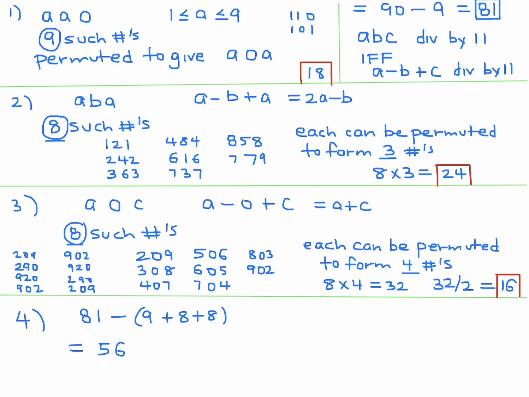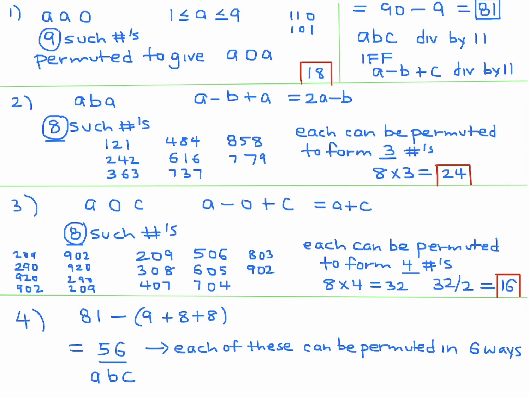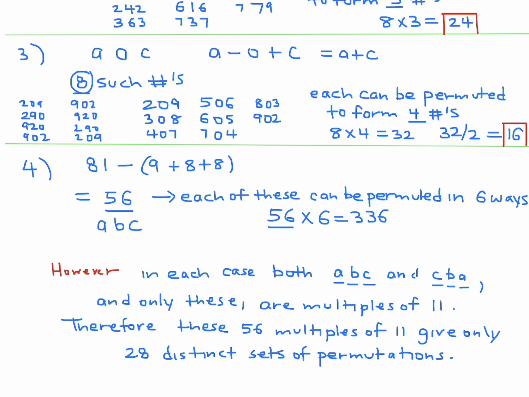And each of those can be permuted in 6 ways. And the reason is these 56 are of the form A, B, C. They have 3 different digits, so they can have 6 permutations. So I got 56 times 6, which is 336.